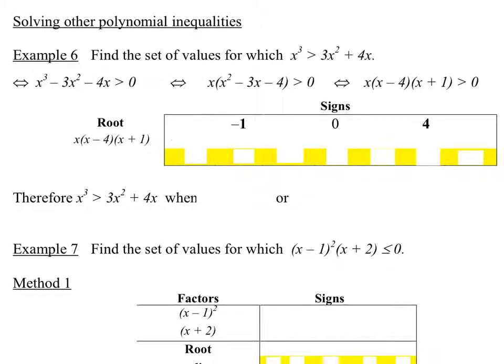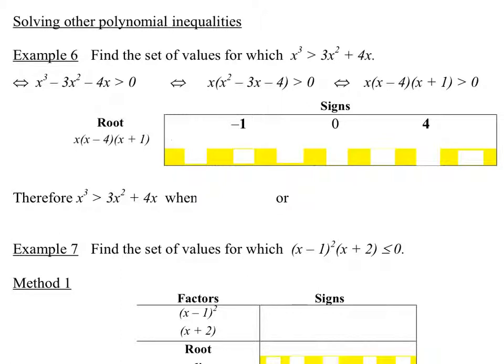And then we've got to figure out what happens over here, what happens over here, in here, and over here. You could just look at what happens to x, what happens to x minus 4, and what happens to x plus 1 over here, for example.